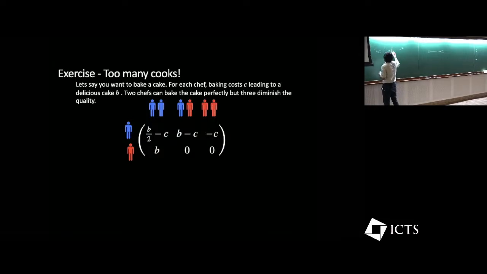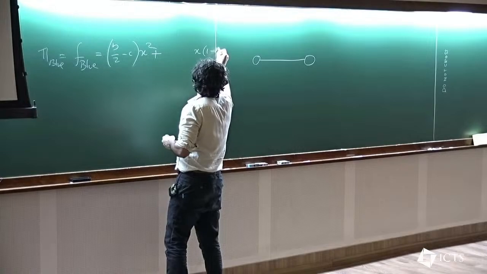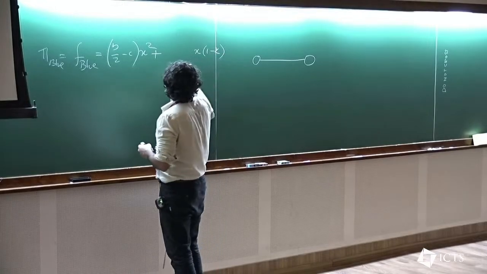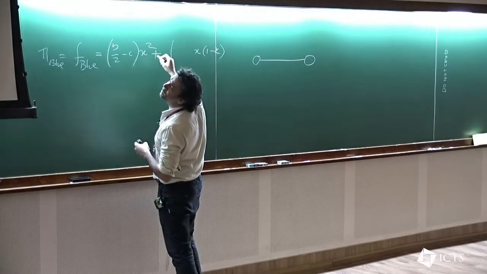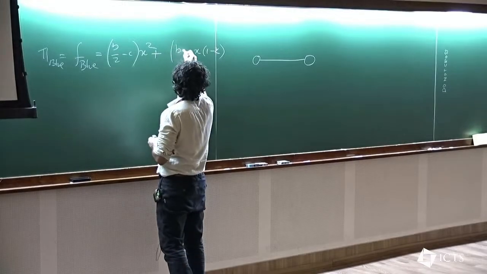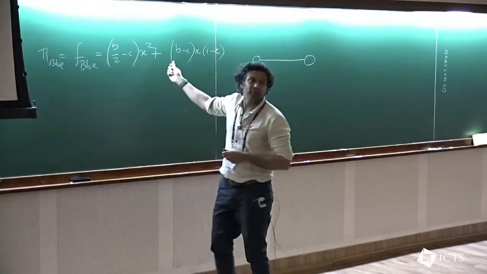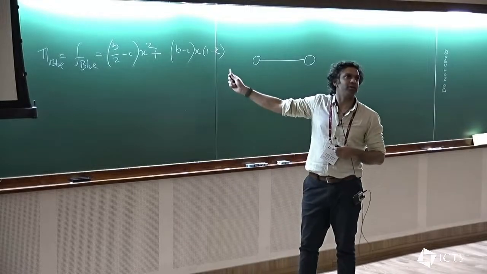And when I do, then I will get b over 2 minus c, right? Or I will meet one blue or one red, and I will get b minus c. But then we have this problem of combinatorics, right?